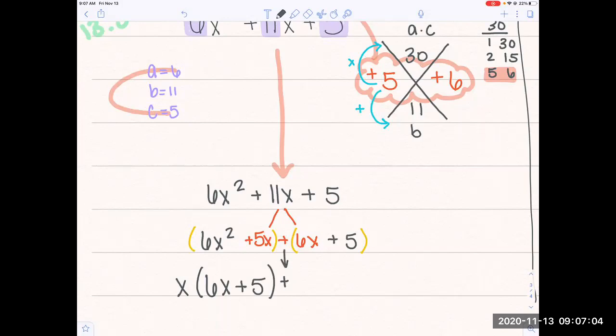Carry down your sign. Well, here's another one where we're seeing 6x and 5 don't have anything in common. So I can say that's a 1. And then I'll be left with 6x plus 5 still inside.